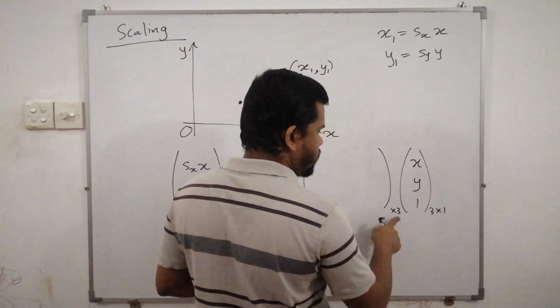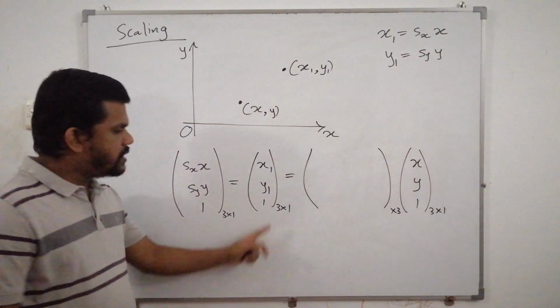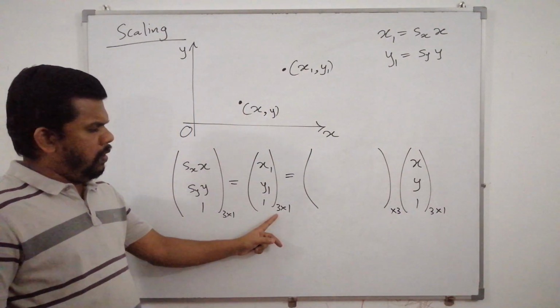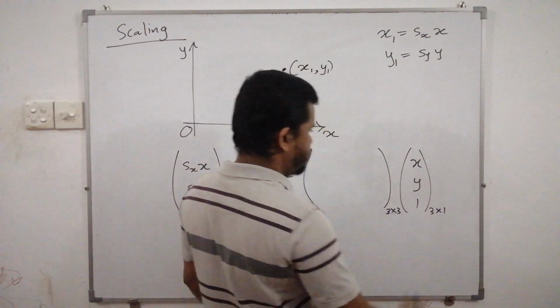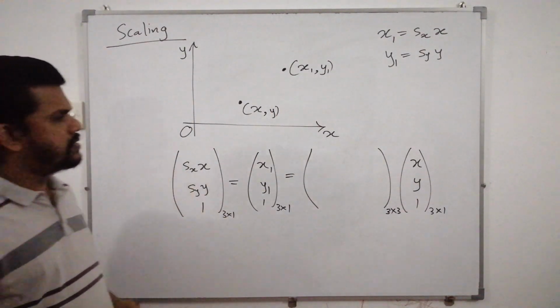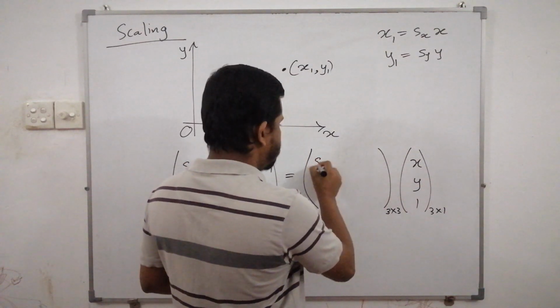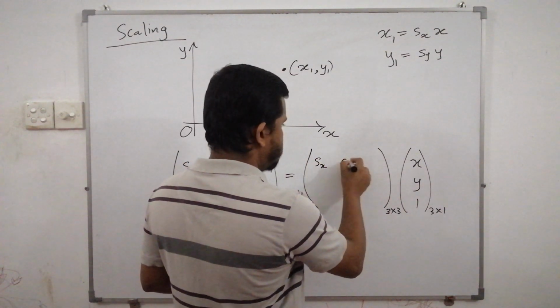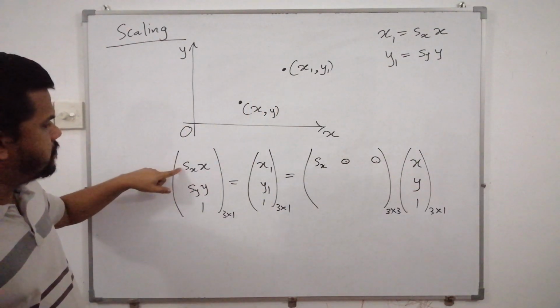Here we have 3, therefore here we must have 3. The number of rows in this matrix is 3, therefore here we must have 3. Now to get sx times x, in the first row sx 0 0. Now you can get this term.